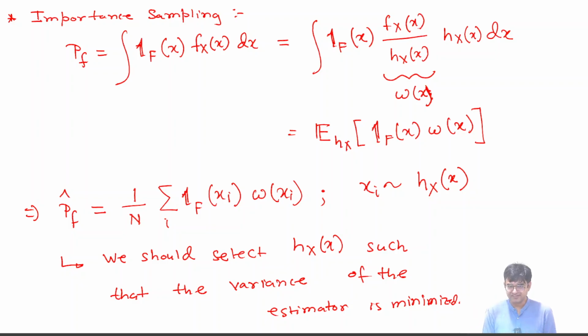That my hxx, if I have to find it out, I know that my objective is to minimize the variance, because minimizing variance means faster convergence. So my objective is to minimize the variance. If my objective is to minimize the variance, I should find out hxx by solving an optimization problem. Everyone follows this?